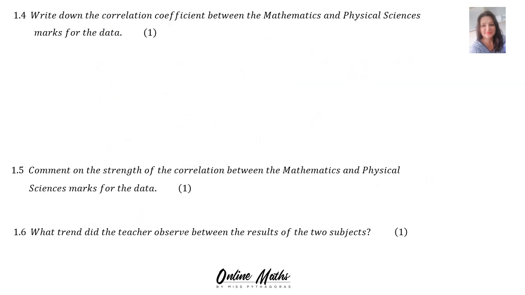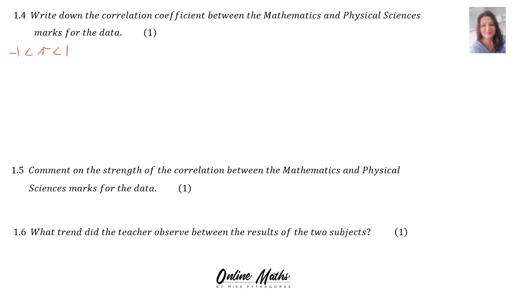1.4. Write down the correlation coefficient between the mathematics and physical sciences marks for the data. Now, first of all, the correlation coefficient is R, and it's a value that lies between 1 and -1. And the closer your R correlation coefficient is to 1, it means the stronger your correlation.